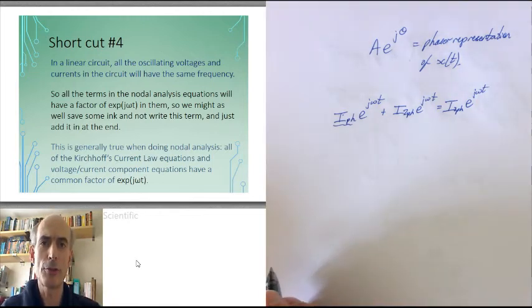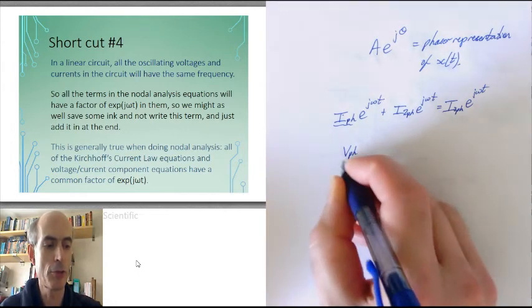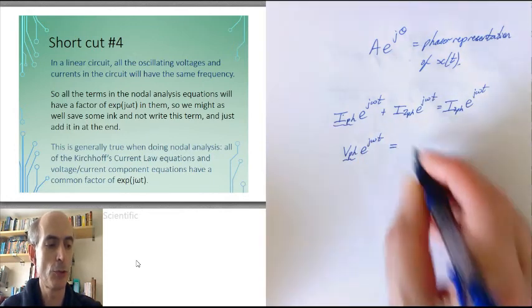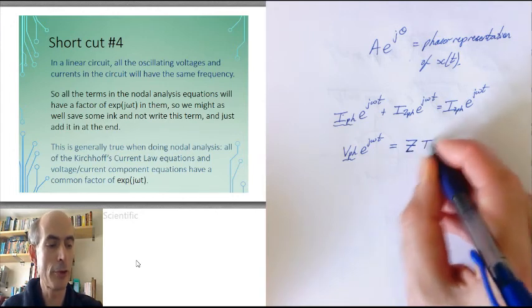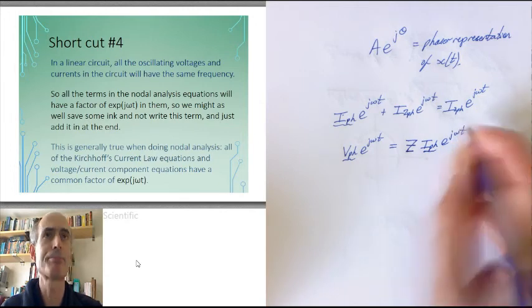And I will get some equations which are the equivalent of Ohm's law, something like the phasor representation of the voltage times e to the j omega t is equal to the complex impedance of the component times the current phasor representation times e to the j omega t.